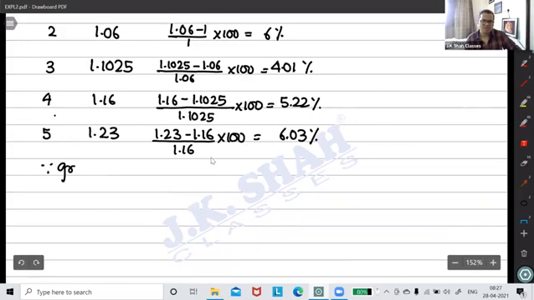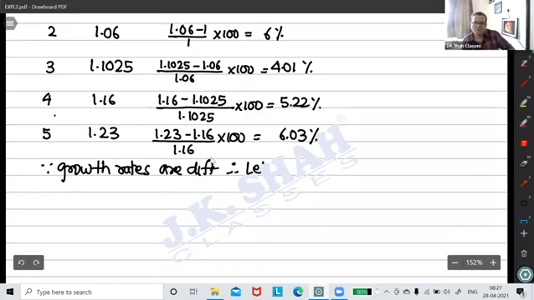Since growth rates are different, let's take the average.